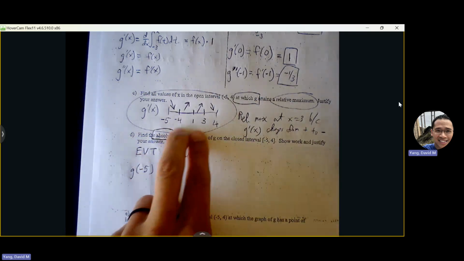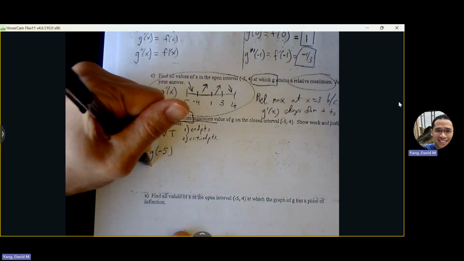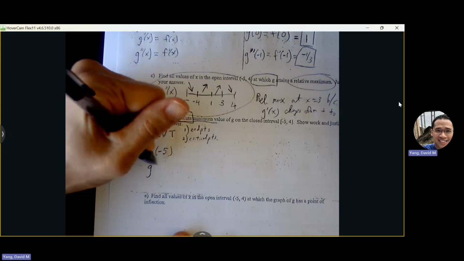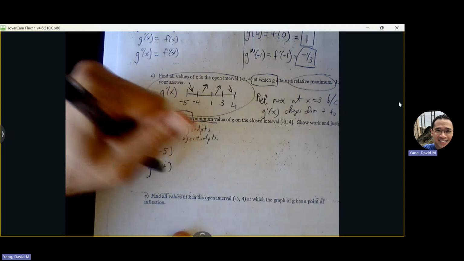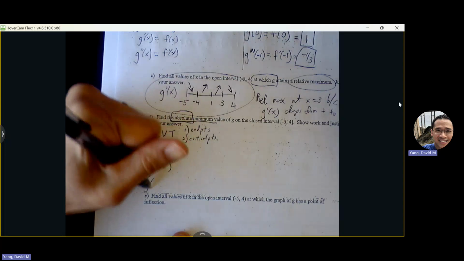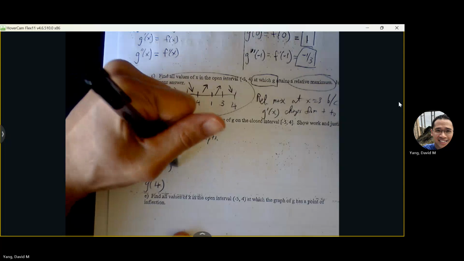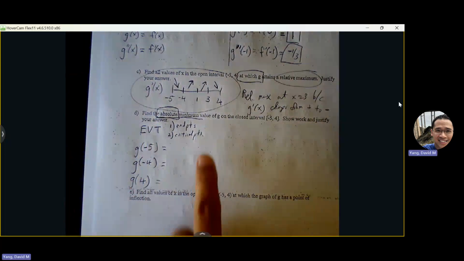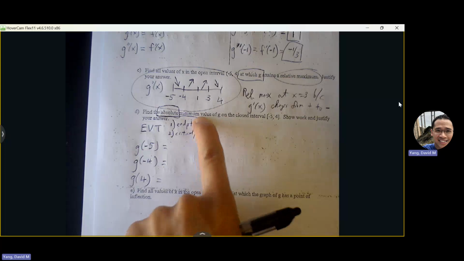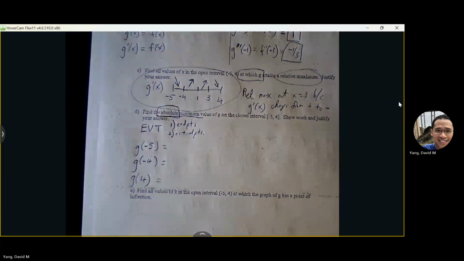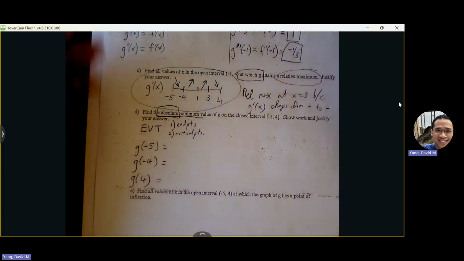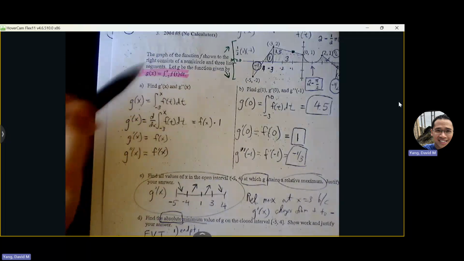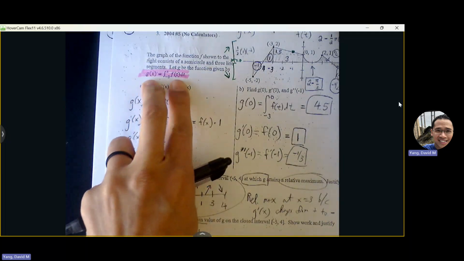Again, it's not wrong if you want to test more points, but we want to try to avoid additional work that's not going to help us get to our solution.